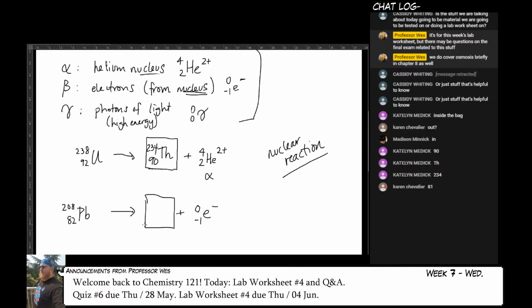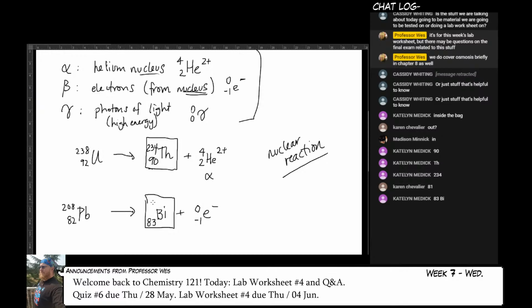Now be careful, because if I put 81 here, does 81 plus -1 equal 82? That's the trick here, because it's an electron. What's going on is I'm actually increasing the number of protons in the nucleus. I'm going to show you something for that, to show how that works in a second.